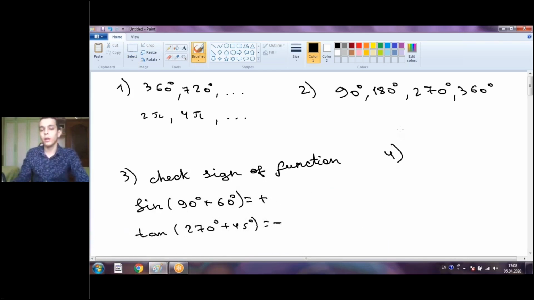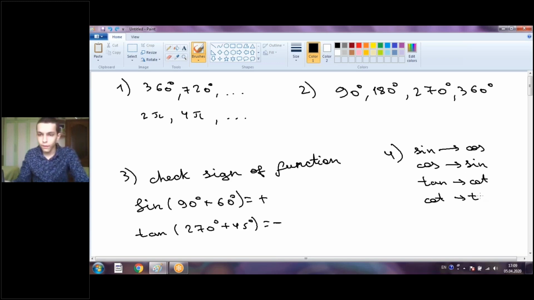Here we have to change sine to cosine and cosine to sine, or tangent to cotangent, cotangent to tangent, if you have a reference angle such as 90 degrees or 270 degrees. I mean pi over 2 or 3 pi over 2.